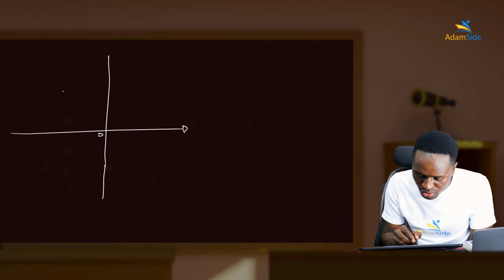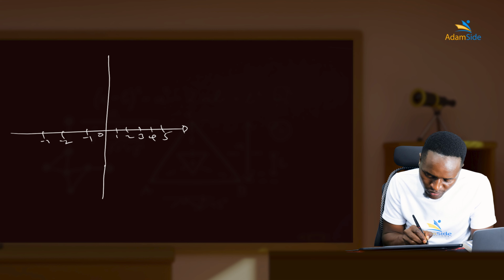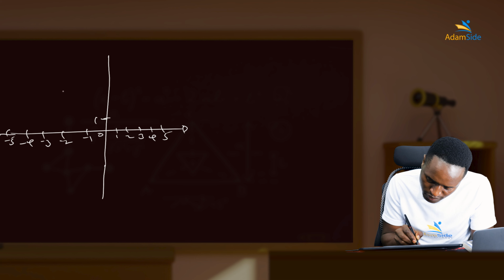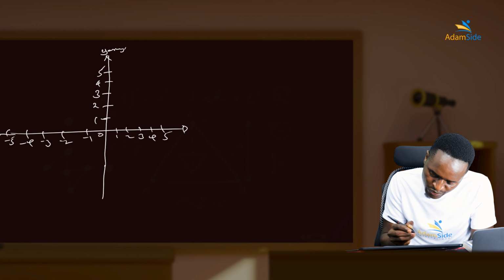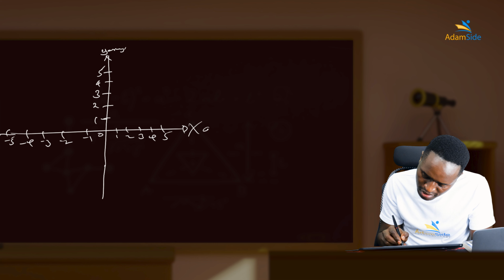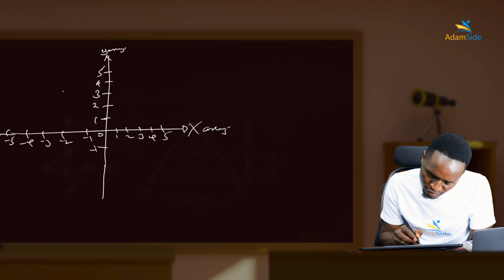Sometimes you might have a Cartesian plane in a given range. Let's say this is the origin, 1, 2, 3, 4, 5. Then here -1, -2, -3, -4 and -5, and then here you have 1, 2, 3, 4, 5. This is the y-axis and this is the x-axis.